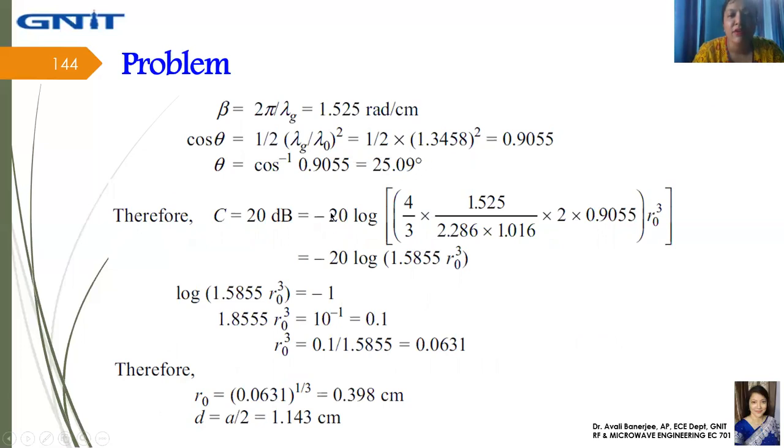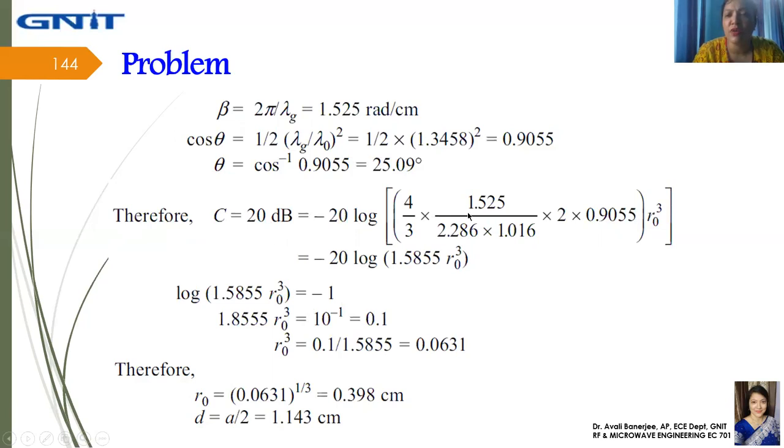25.09 degree. Now what we have to do is find out the coupling factor, that is C equal to 20 dB, we know. So from there we have obtained the value of R0. We have substituted the value of the coupling factor in this expression, and we have found this R0. These are the intermediate steps I have shown.